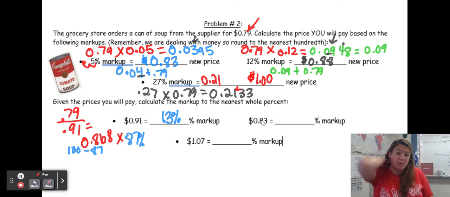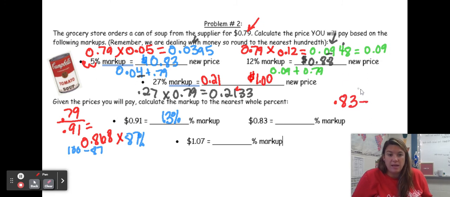Actually, let me do it the other way where I subtract. So I'm going to subtract 0.83, that's what you're paying, minus the original amount that they bought it for, which is 79 cents. So I'm going to subtract those 2. And that gives me 4 cents. So this means it went up 4 cents.